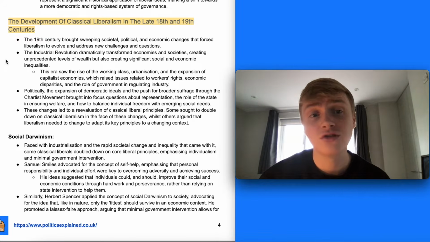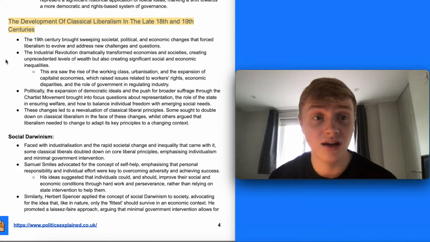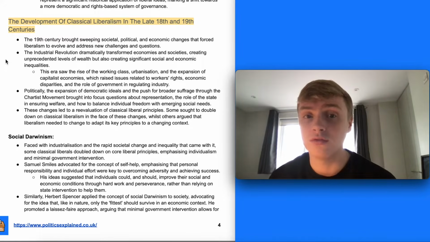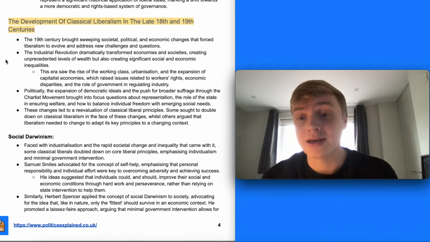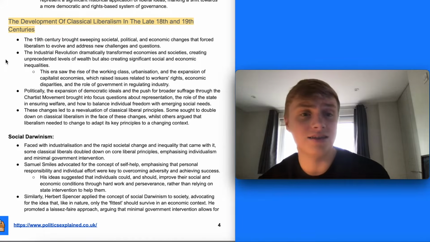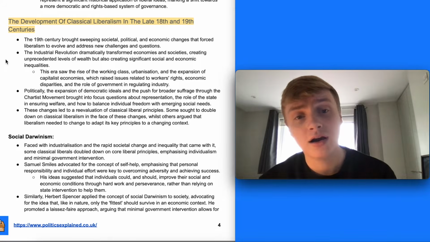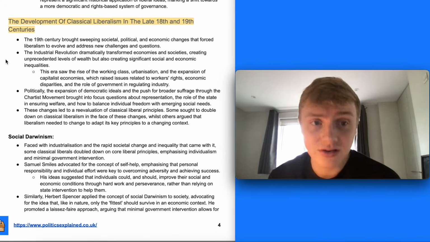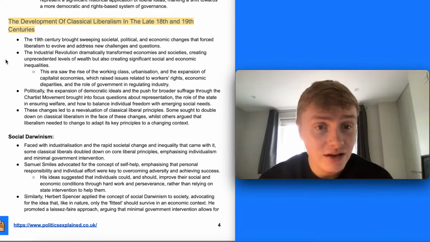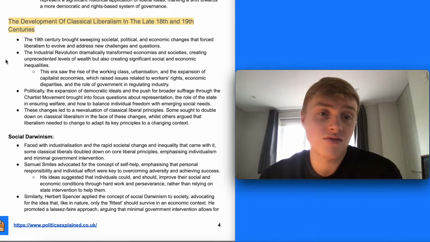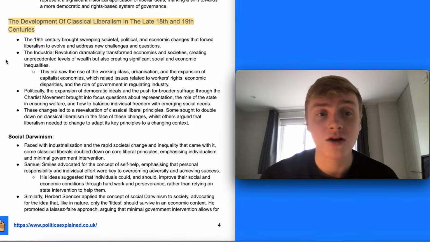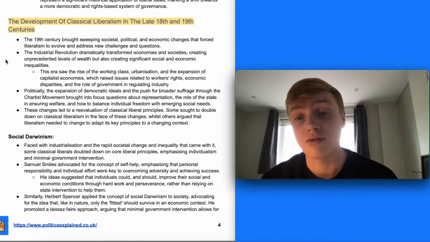So the Industrial Revolution dramatically transformed economies and societies, creating unprecedented levels of wealth, but also a lot of social and economic inequality and really growing inequality. And in this era you saw the rise of the working class, urbanization, the expansion of capitalist economies, real expansion of colonialism, and this change in the economy raised issues in relation to workers' rights, economic disparities, and the role of the government in regulating industry.